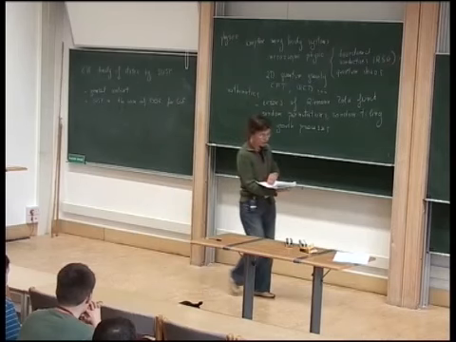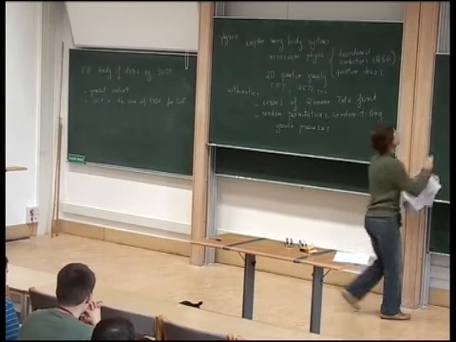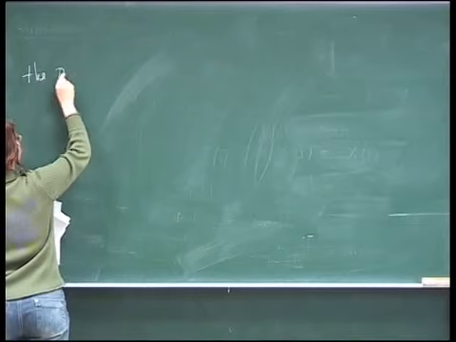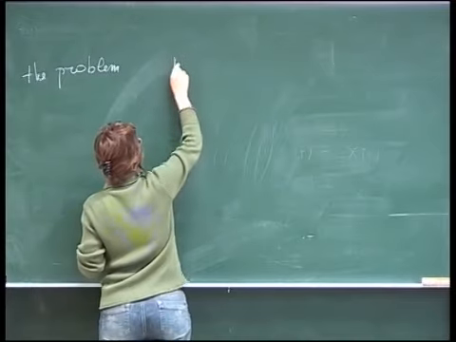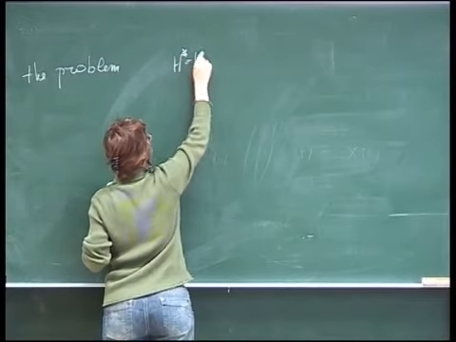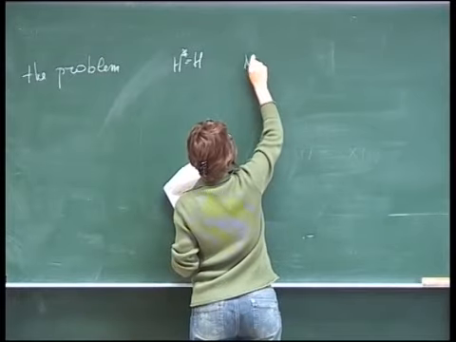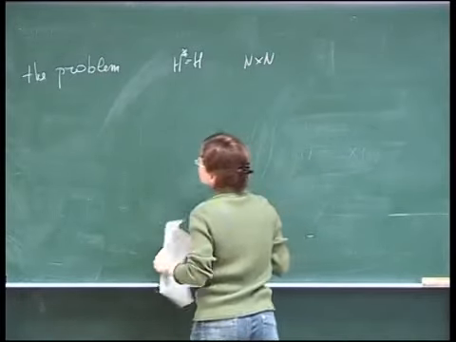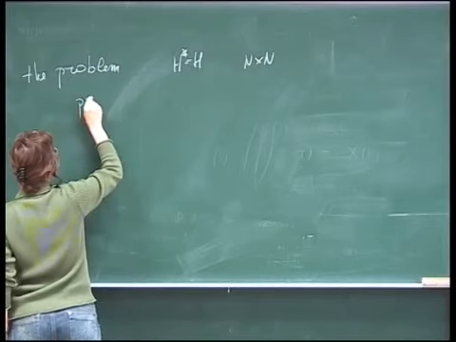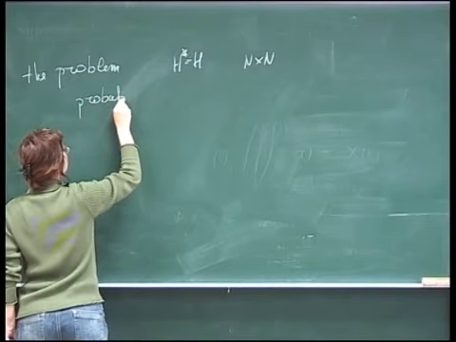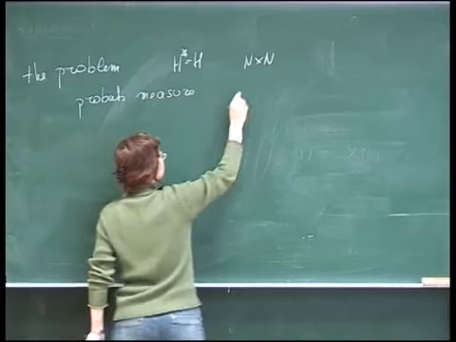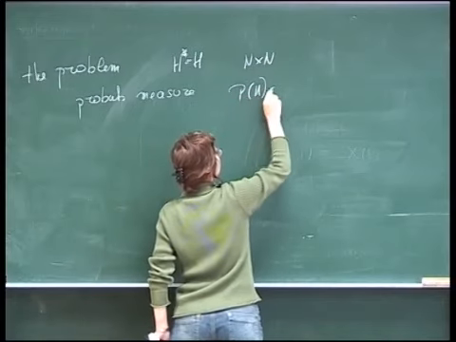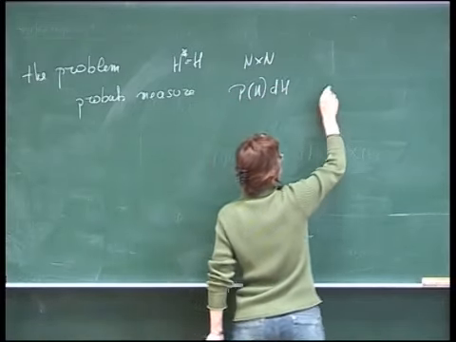So what is the problem? Now we have a matrix, which I pretend is self-adjoint to simplify, n by n, and a certain probability measure P of H dH, where dH is the Lebesgue measure.